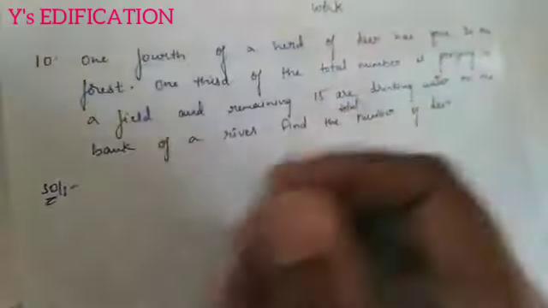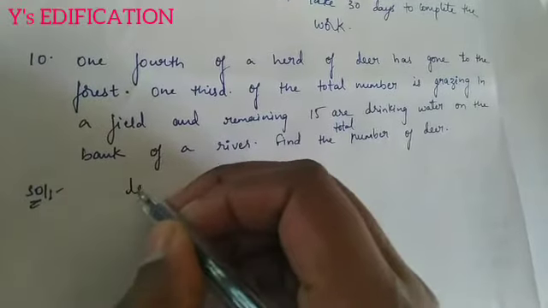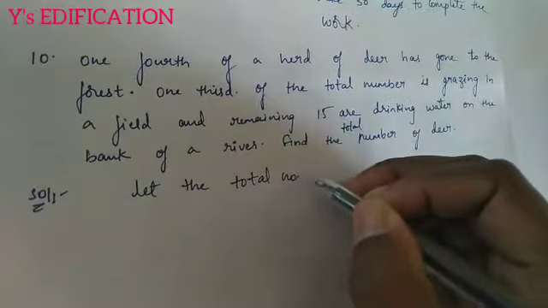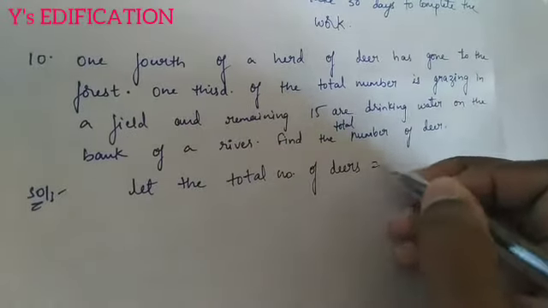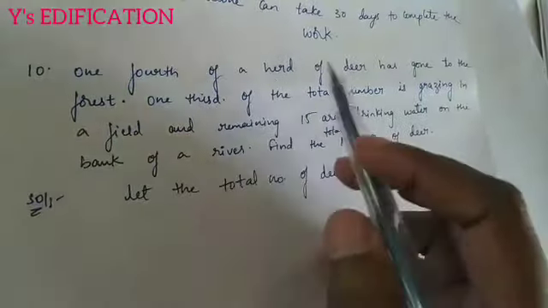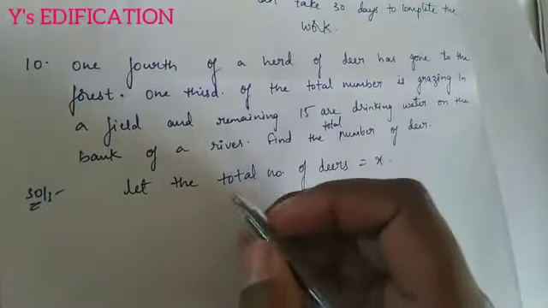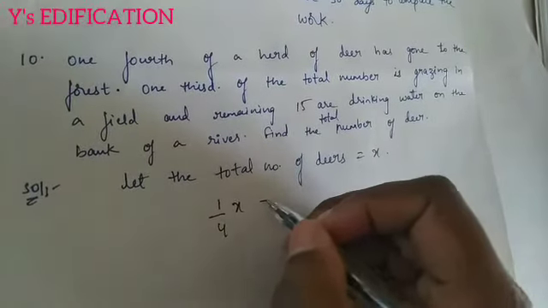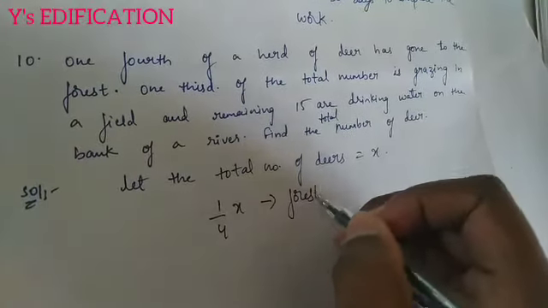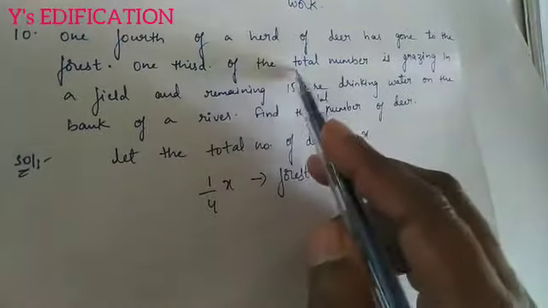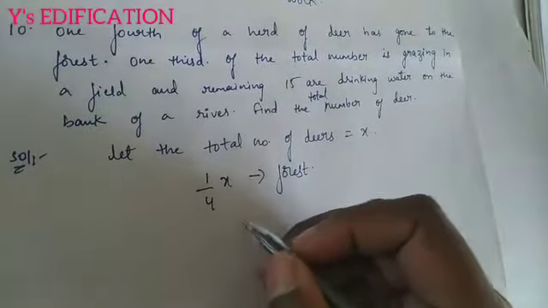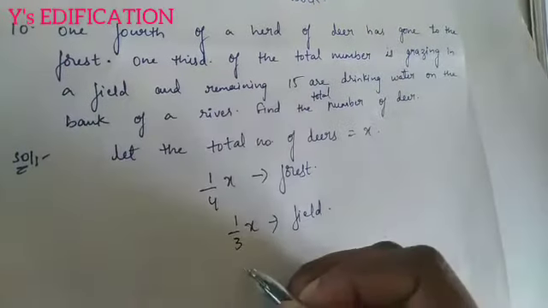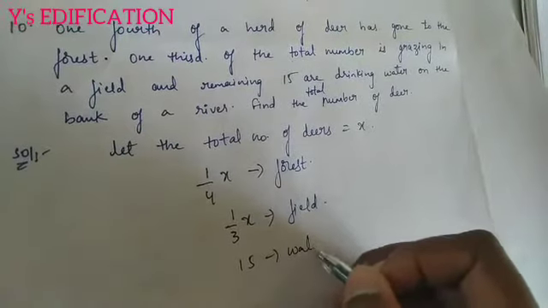Okay, so first let us take the total number of deer as x. Let the total number of deer be x. So here 1/4 of the herd of deer has gone to the forest. 1/4 means 1 by 4 x, and these went to the forest. 1/3 of the total number is grazing in a field. 1/3, 1 by 3 x are in a field, and 15 are drinking water.